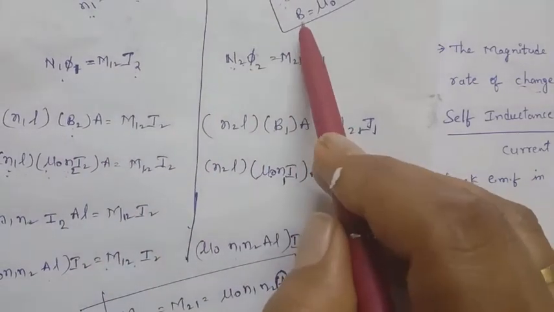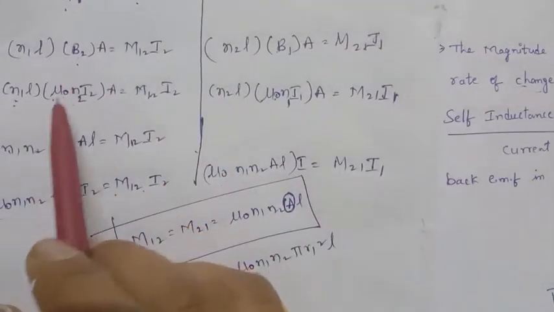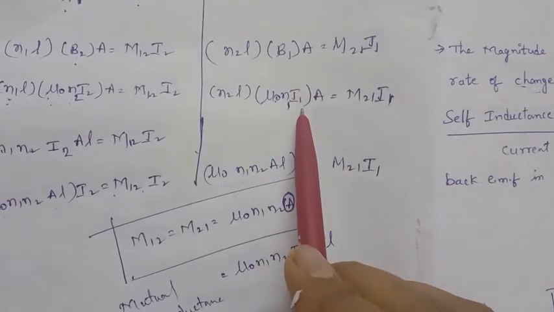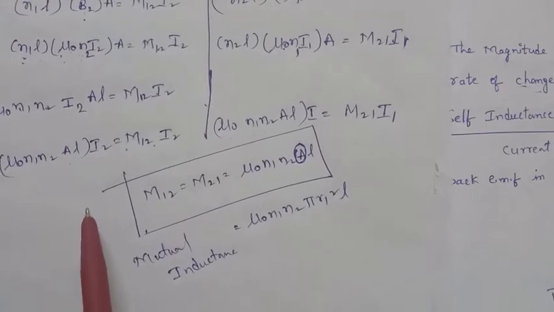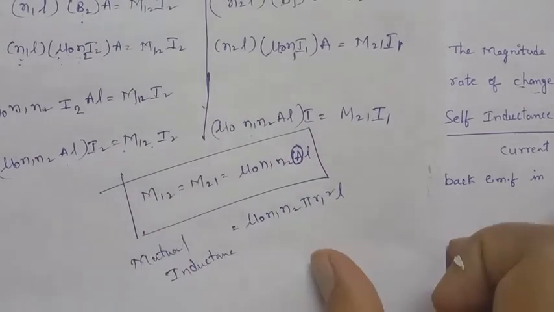B is equal to mu naught N i. So B2 is equal to mu naught N2 I2, and B1 is equal to mu naught N1 I1. Practice these two terms, and it will be easy to write the exam. It is the mutual inductance.